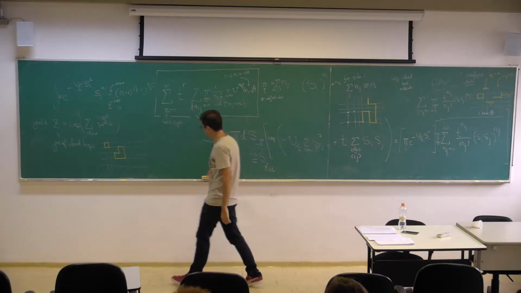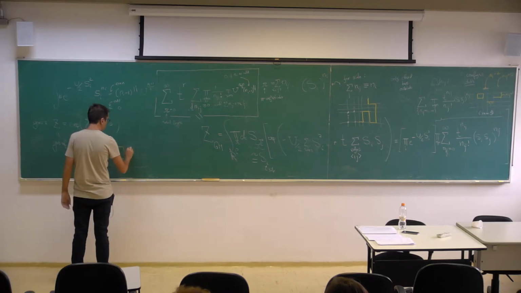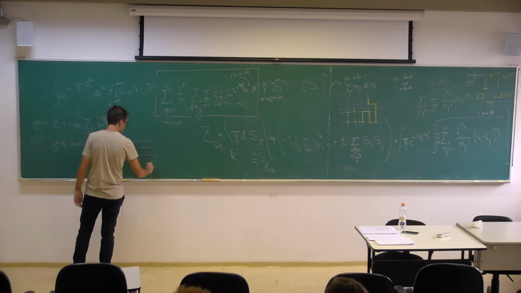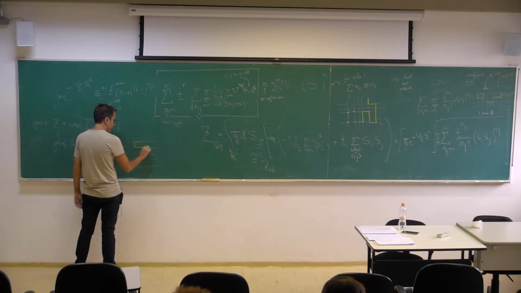But let me point out that these are obvious configurations, but there are ones that could be a little bit more annoying, so let's do those as well. We could also imagine having configurations like this.